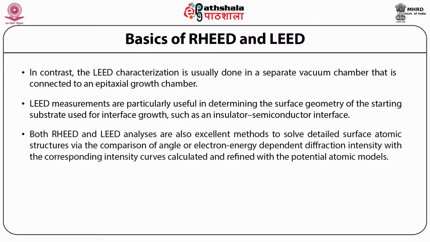Both RHEED and LEED analysis are also excellent methods to solve detailed surface atomic structures via comparison of angle or electron energy dependent diffraction intensity with the corresponding intensity curves calculated and refined with potential atomic models.